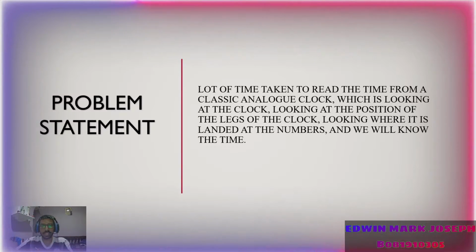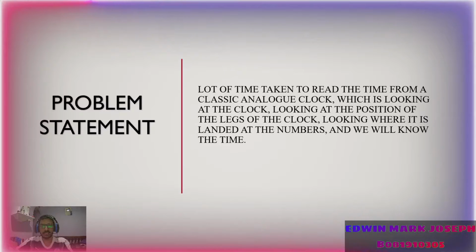To read an analog clock, we see the position of the needle, whether it is near number 4 or number 3, and we need to see the size of it also. For the hour we use the short arrow, and the other one is for the minute. So basically, we need to look at all the elements to determine the time.